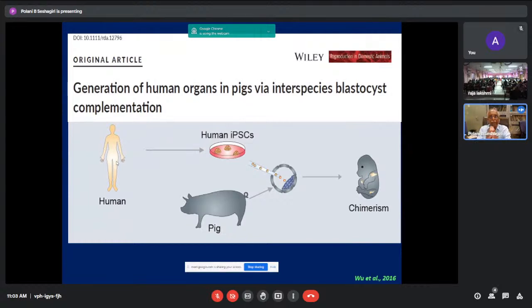So basically what I'm trying to consolidate here is that by an interspecies approach, you can produce human organs in a xeno system, let's say a pig as a surrogate.